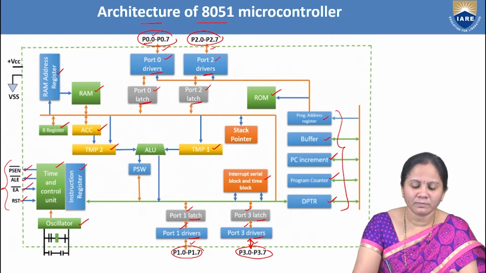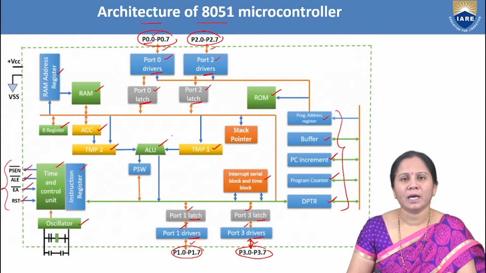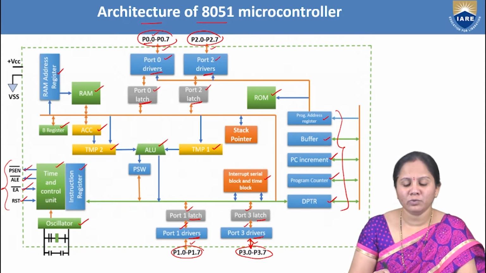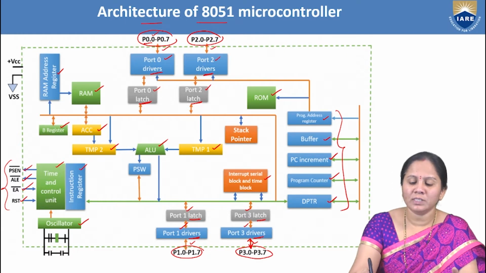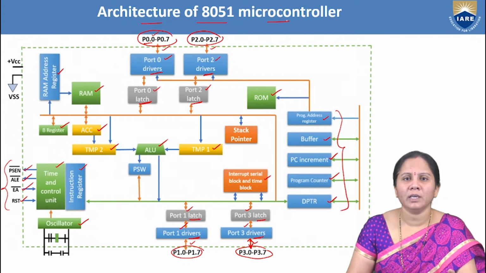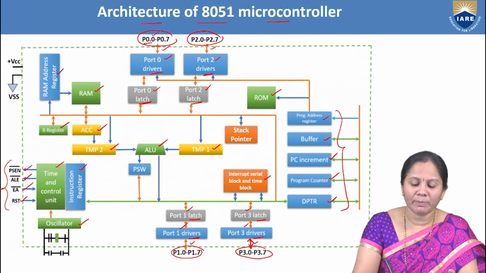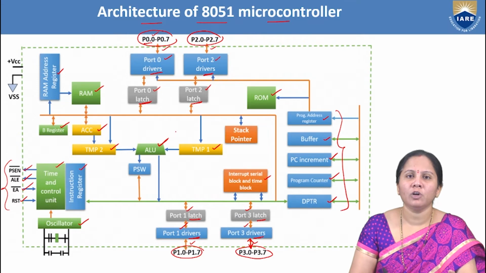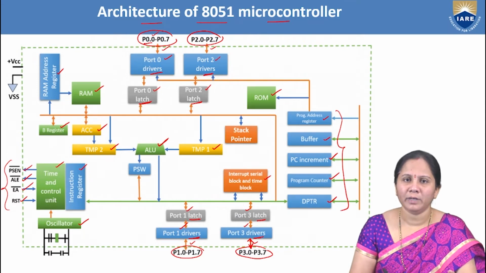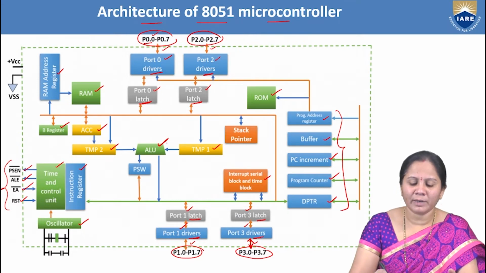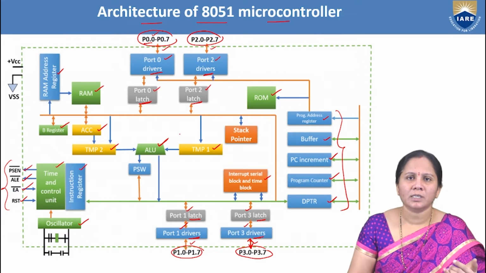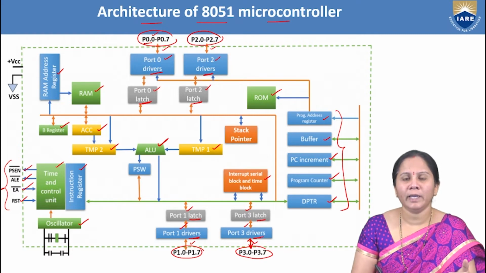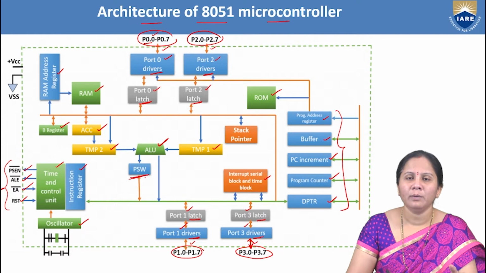And here we have the ALU, that is Arithmetic and Logic Unit, which is used to do all the arithmetic and logical operations. Since the 8051 microcontroller is an 8-bit microcontroller, it performs all the arithmetic and logical operations only on 8 bits. After performing them, the result is again stored in the registers, and the status of the ALU is reflected on this PSW.